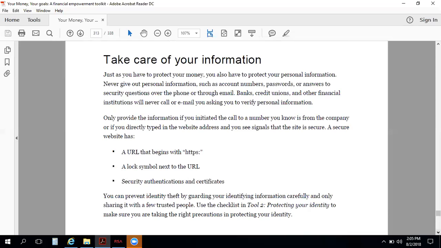I just saw a story on the news not too long ago where there's an IRS scam going around where people will get cold calls saying, this is the IRS. You owe us X amount of dollars and you need to pay up immediately or you'll be arrested, that sort of thing. And they were targeting senior citizens mostly.